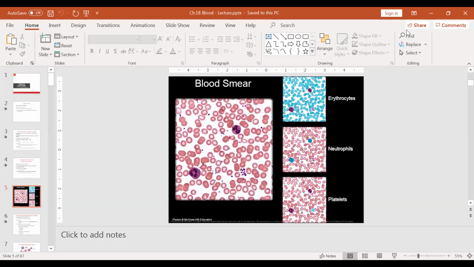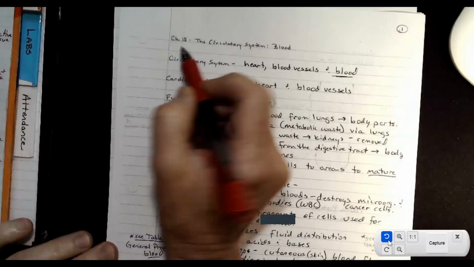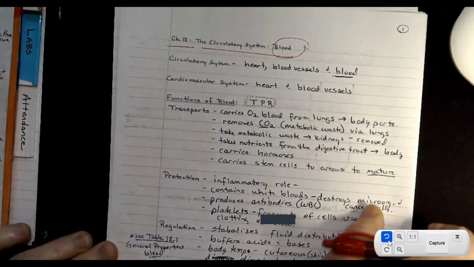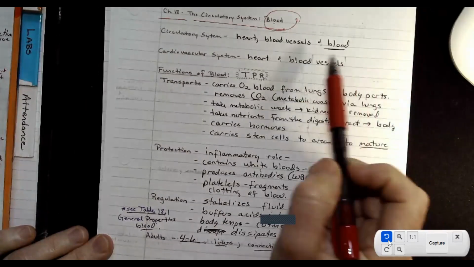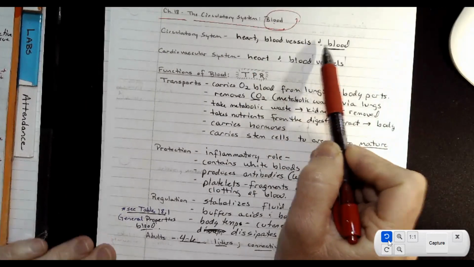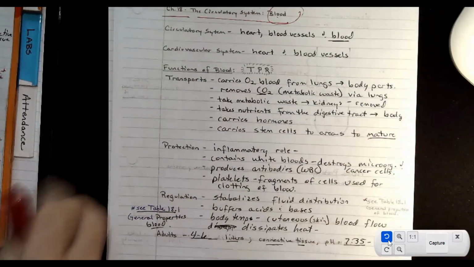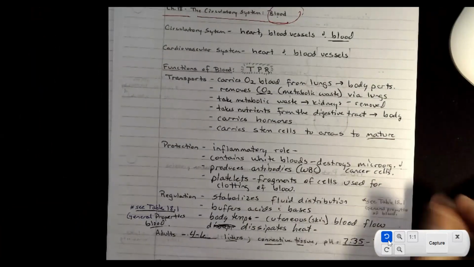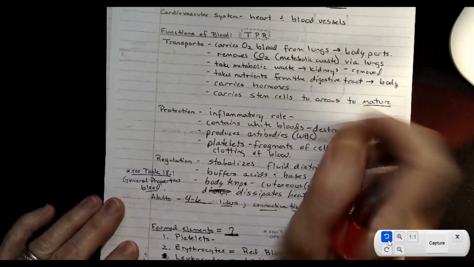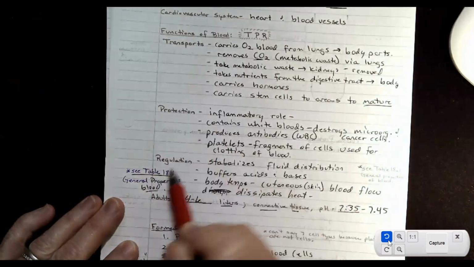Now, going back, I'm going to stop sharing this and share our notes. Okay, so for a quick review of chapter 18, we talked about the blood. The circulatory system consists of the heart, the blood vessels, and the blood itself. The cardiovascular system consists of the heart and blood vessels that we'll study in upcoming chapters. TPR: blood helps with transport, protection, and regulation.